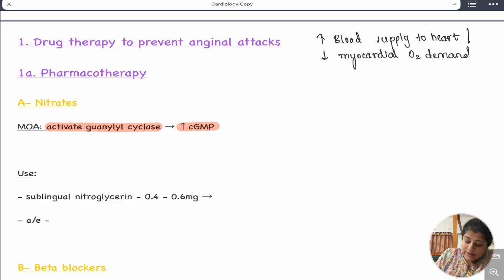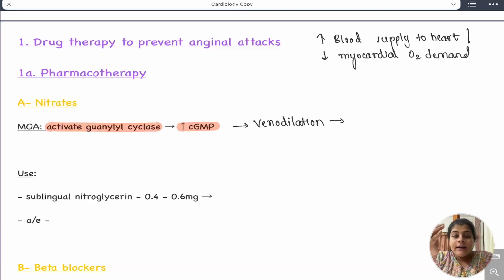They preferentially dilate veins rather than arteries. So there is venodilation. Now what happens when there is venodilation? The blood, instead of entering the heart, gets accumulated in veins. So there is reduced preload.